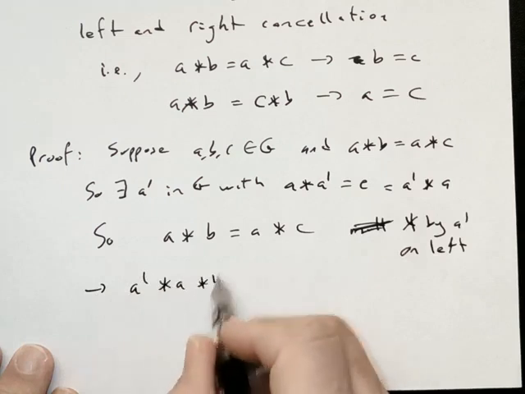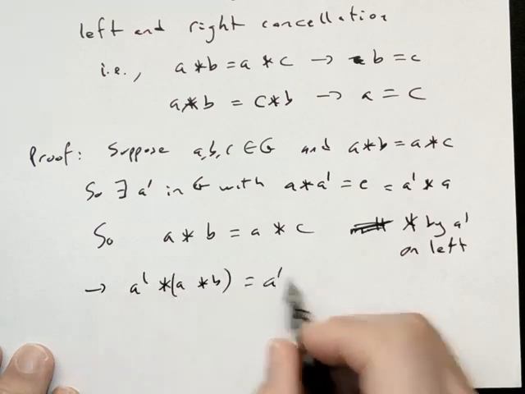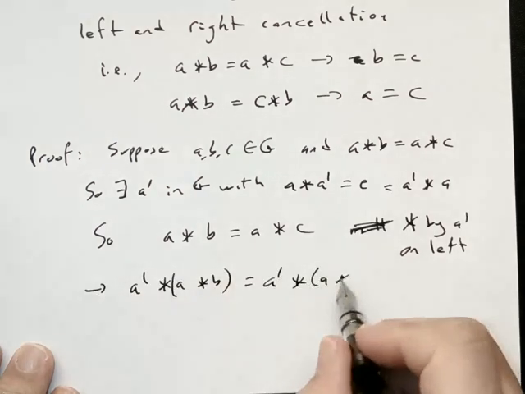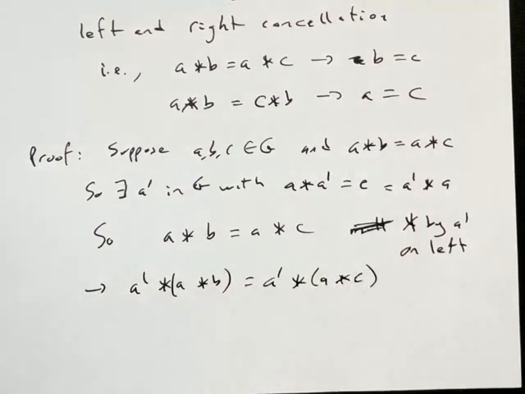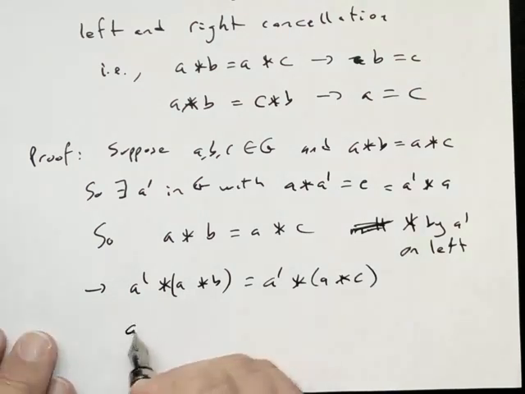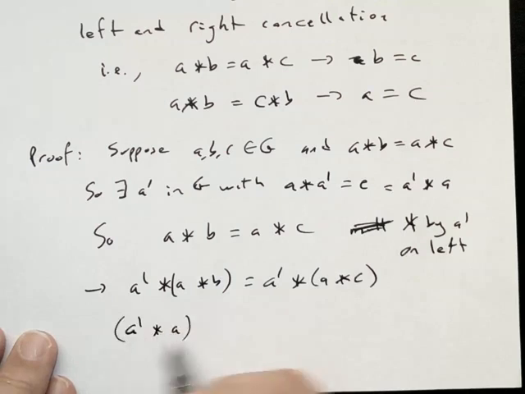A prime star A star B is equal to A prime star A star C. And since I did it on the left, the two terms that were already there are considered a single object. My parentheses are there. What do we do now? This is associative, we can make it A prime star A on both sides. That'll be in the parentheses.